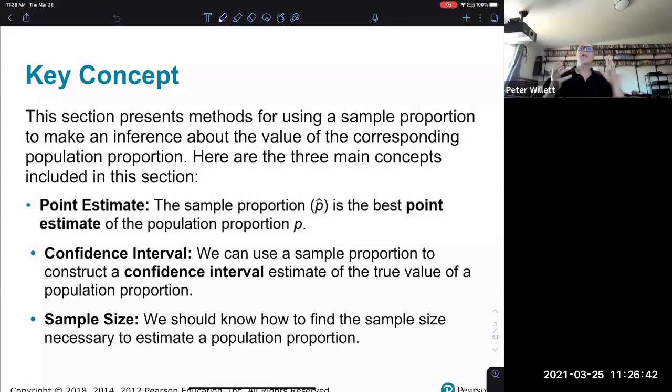But the idea is that a confidence interval is where you don't give a value that you think is your best guess, but you give a range of values and you believe that that range of values has a certain percent likelihood. There's our probability concepts coming into play. A certain percent likelihood, I'm 90% sure, 95% sure, I'm 99% sure that this range of values contains the actual proportion of the population that calls themselves Democrats.